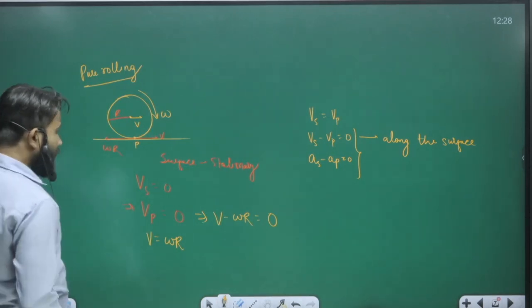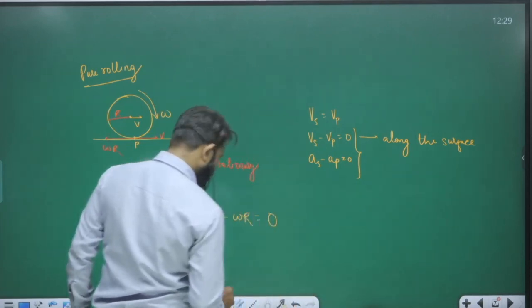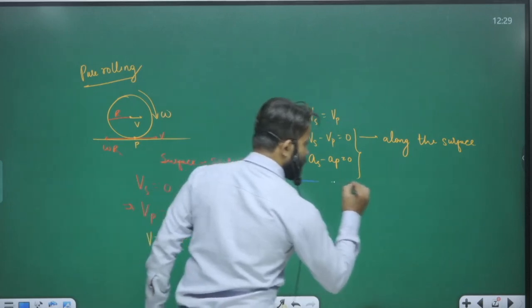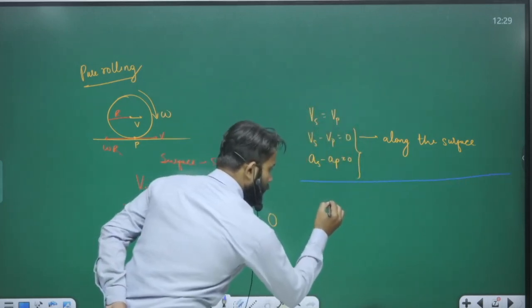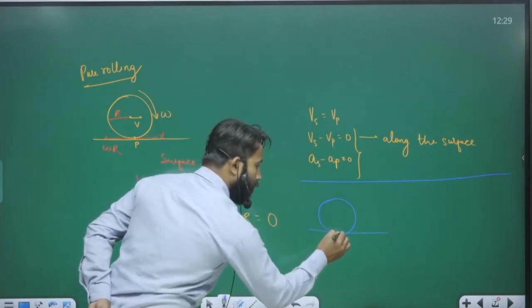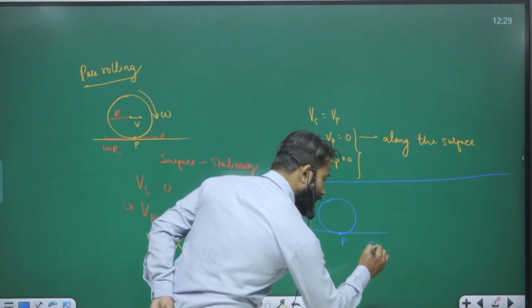Now consider another example in which the body is having some acceleration. Here this is the body, and the point of contact P is again like this. The surface is again stationary.